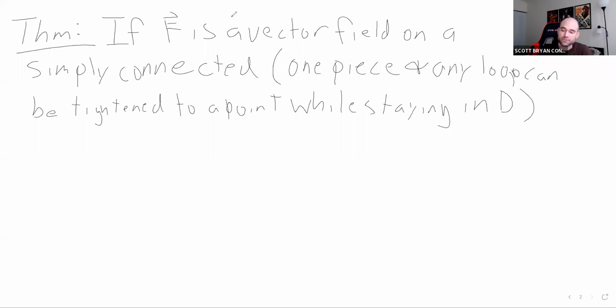But so if you're a vector field on a simply connected domain D, then here's how we check that we are conservative. So here's the important bit.